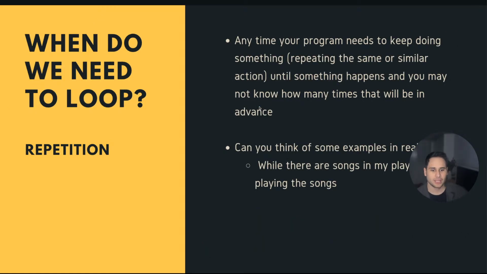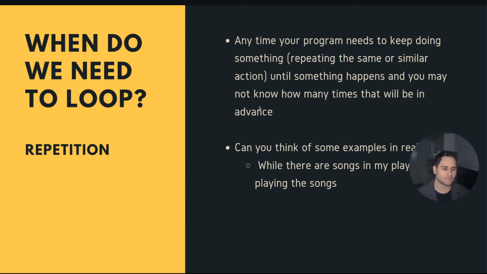So what is looping? Why do we need it? How does it help us? Basically, sometimes when we write programs and we solve problems, the solution is to do something more than once. So repeating ourselves until a certain condition happens or something like that.